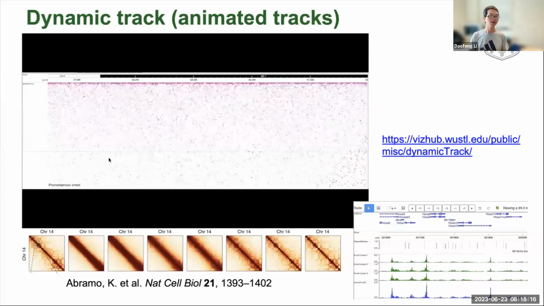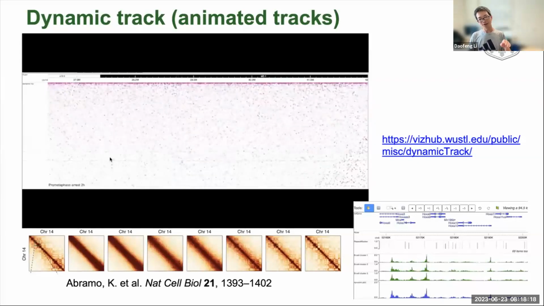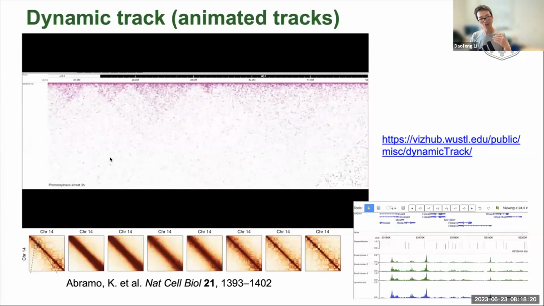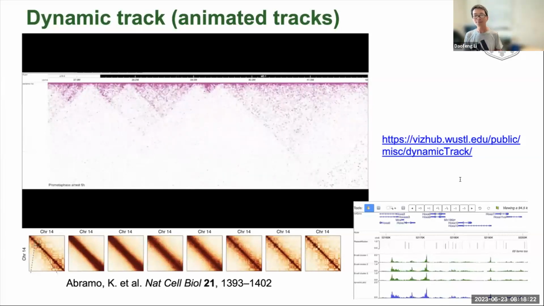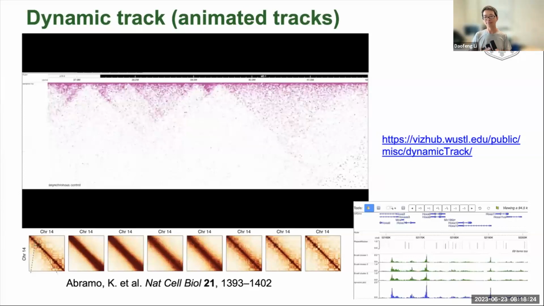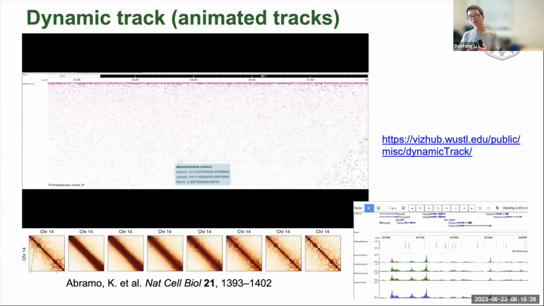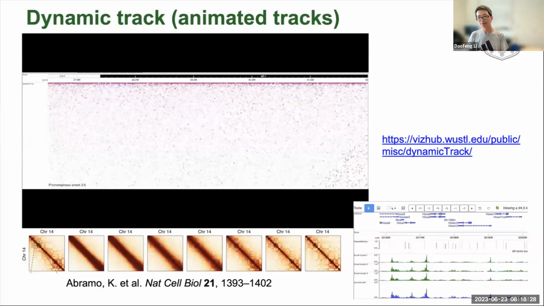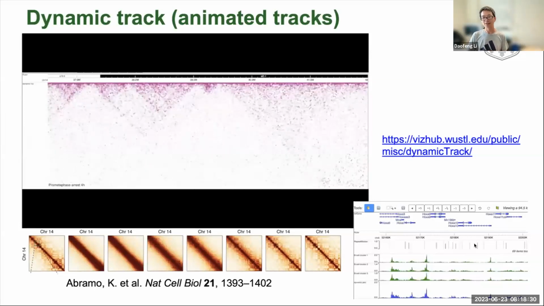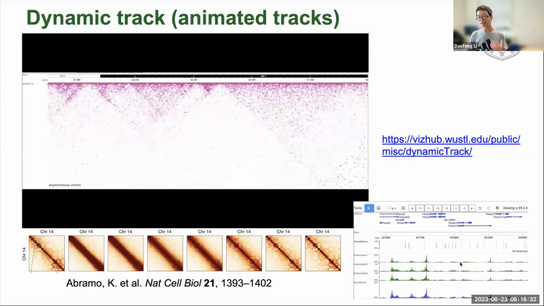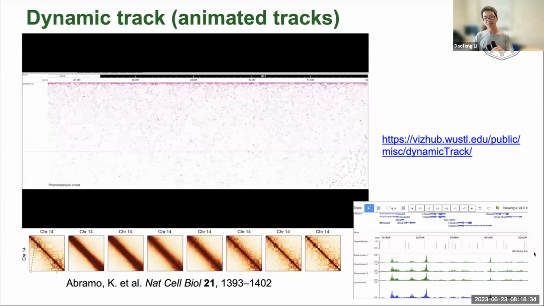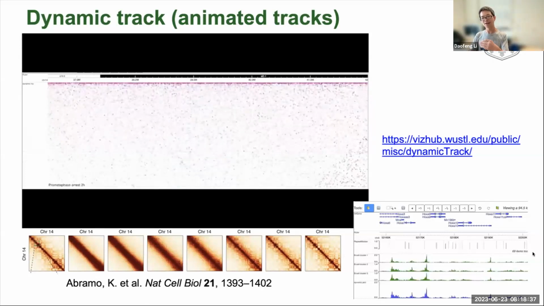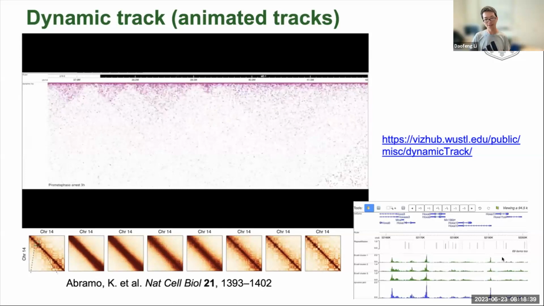So basically it shows how the genome organization changes over time. Not only can Hi-C data be animated, but annotation and numeric data can also be displayed in an animated way. In the bottom right movie, we're showing a dynamic numerical track, showing signals animated from three cell classes of some single cell data.